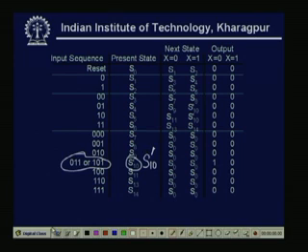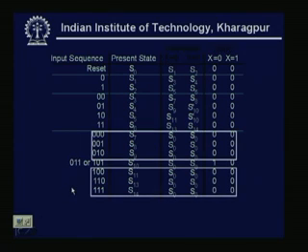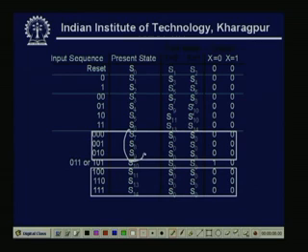Now, similarly, again if we check all the possible input sequences, for a group of present states, say S7, S8, S9, the next states are S0 S0, S0 S0, S0 S0, and these are the outputs.